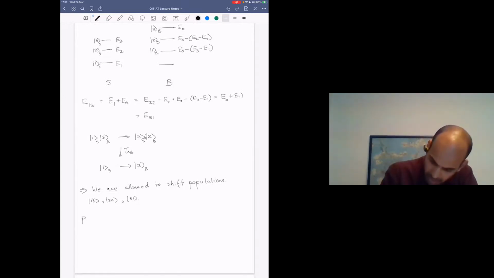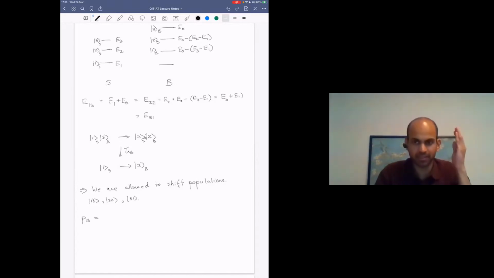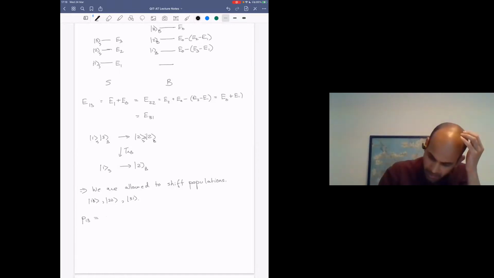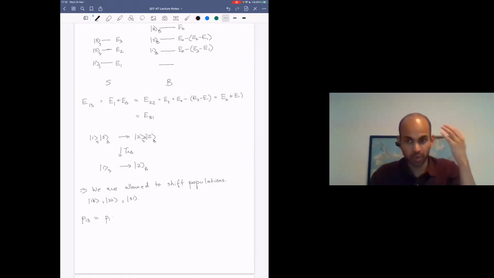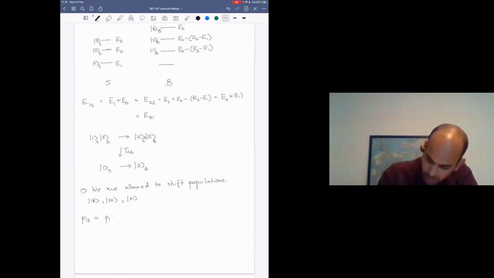So the population P13, remember I've taken the tensor product of a system state with a bath state. It's going to be the corresponding population on the system, which I'm just going to call P1, times the population on the bath. Now, because we have the Hamiltonian of the bath, we know that the population of the bath is going to be proportional to the Gibbs factor of that energy level. So it's going to be e to the minus beta E naught over Z of the bath.